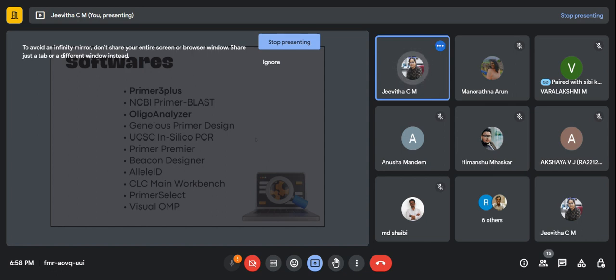When it comes to bioinformatics tools, we have so many options. For primer designing also, there are a lot of bioinformatics tools available. But the most commonly used tool for primer designing is Primer3Plus. When you give your sequence, it will automatically provide you a set of 10 primers.